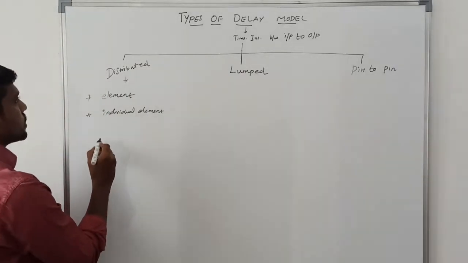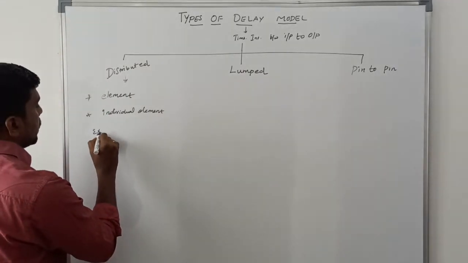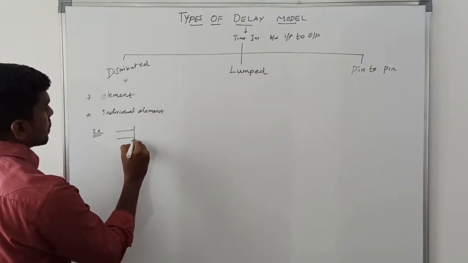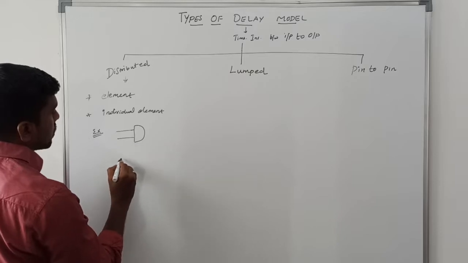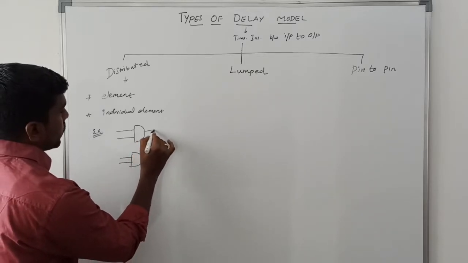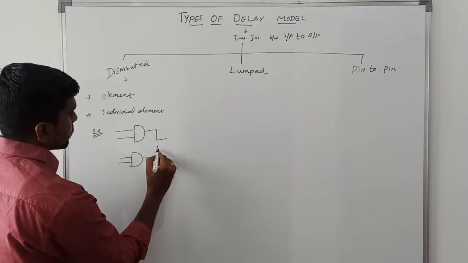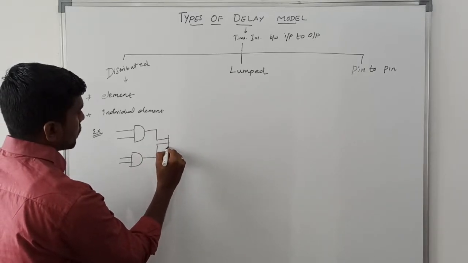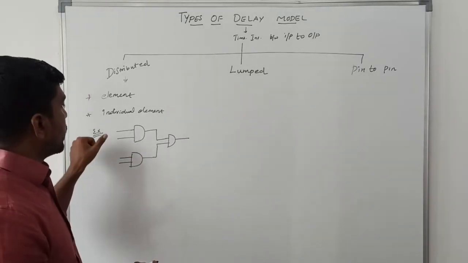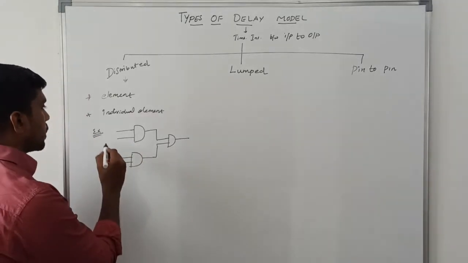Example of distributed delay: it's one logic circuit. In this logic circuit, how to apply the delay for individual elements. It is a 4 input logic circuit.